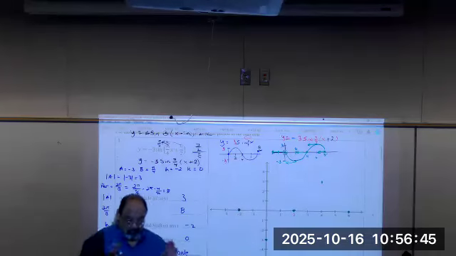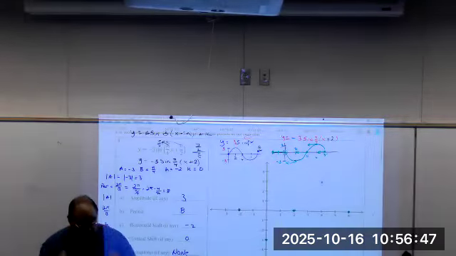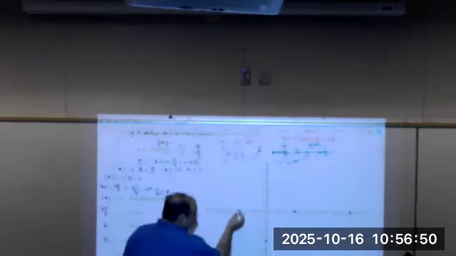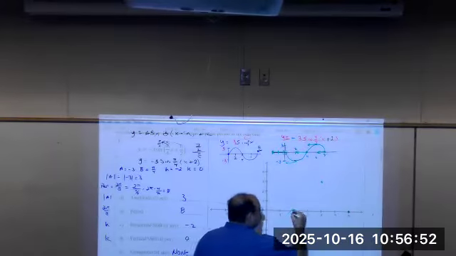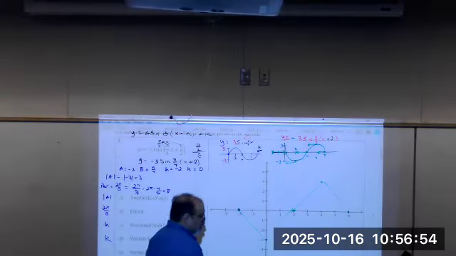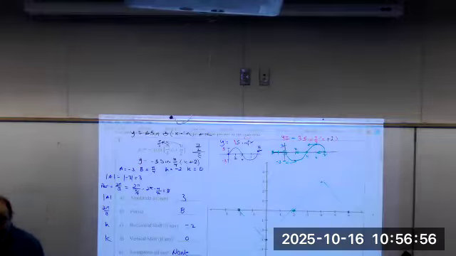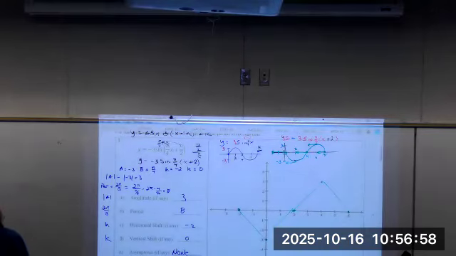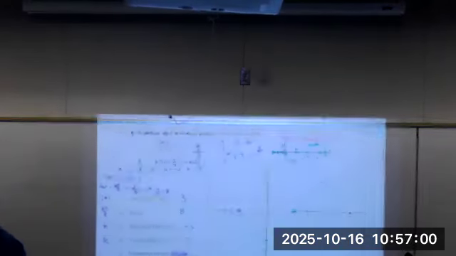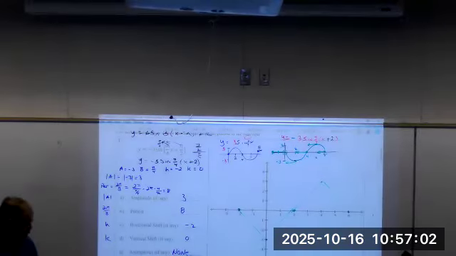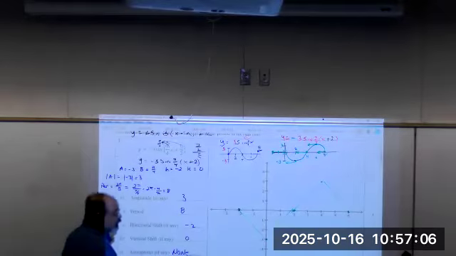Here's what I can only tell you what I see. This is not the graph. That is not a sine curve. It's not even a curve. Draw a smooth curve.